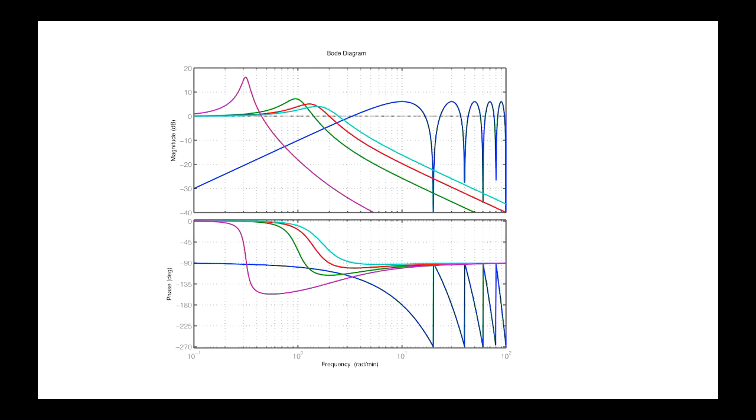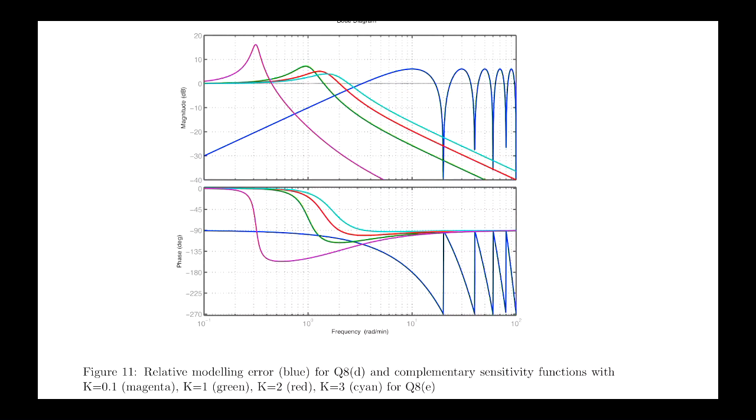Okay. So in order to satisfy the small gain condition for stability, we know that the product of the complementary sensitivity function, which we're seeing here for different values of k, and the uncertainty has to be less than 1. All right? And you can see that the uncertainty, due to neglecting the delay in the loop in the previous discussion, becomes significant above this frequency. Above this frequency, sometimes the size of the error is bigger than 1.